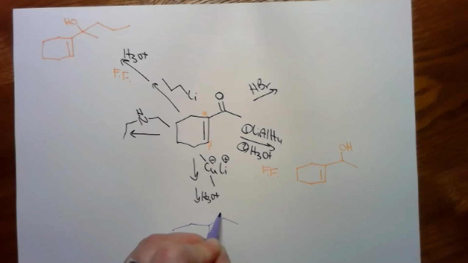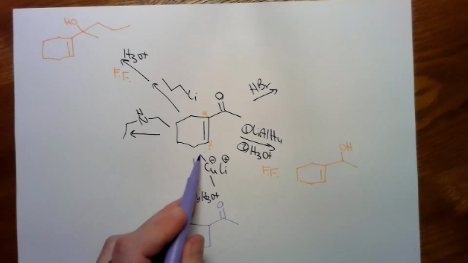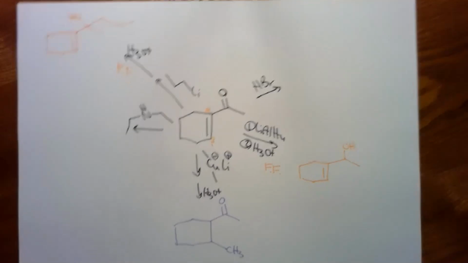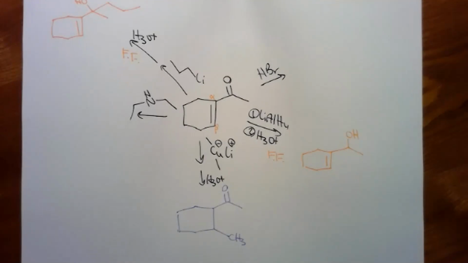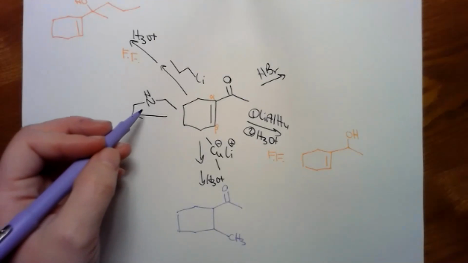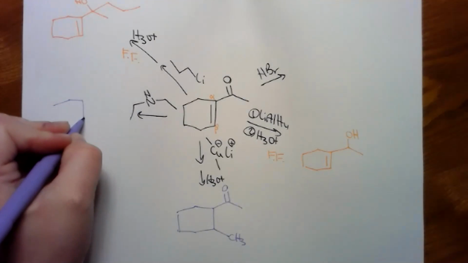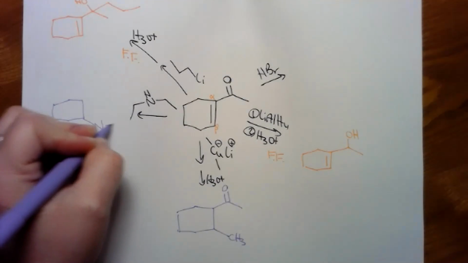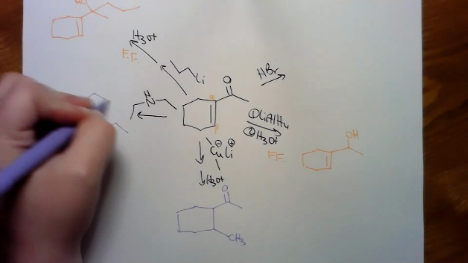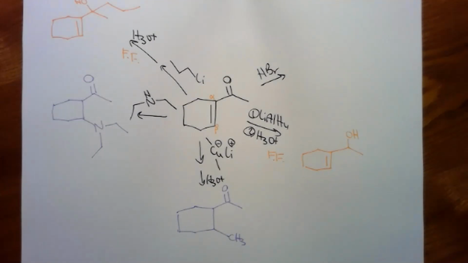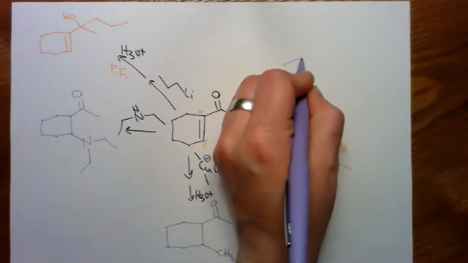One more problem that students have with conjugate addition, especially with cuprates, there are 2 methyls here and they want to add 2 methyls, but no, one of those groups gets added, not both. Conjugate addition. That's it. Amines are also slow patient nucleophiles. Conjugate addition. Ta-da! HBr. Conjugate addition.